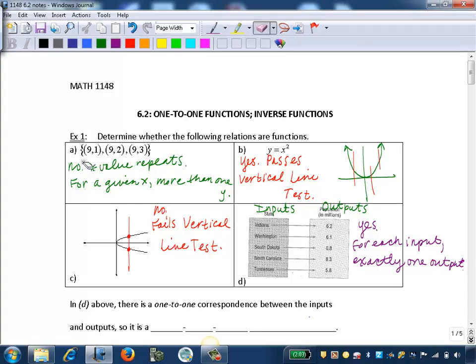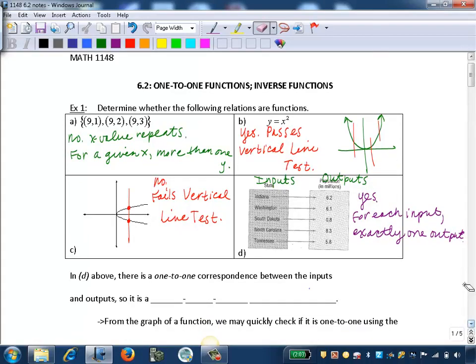So this is what we said in part A, except instead of mentioning inputs and outputs, we said x's and y's. So for a given x here, we had more than one y value, so that meant this is not a function. So here, for each input, which typically we represent with x, but here it's just the inputs, it's the states, there's exactly one output, so that means yes, it's a function.